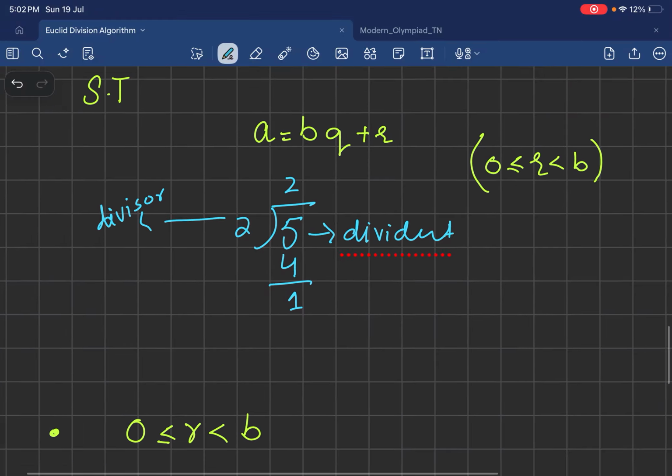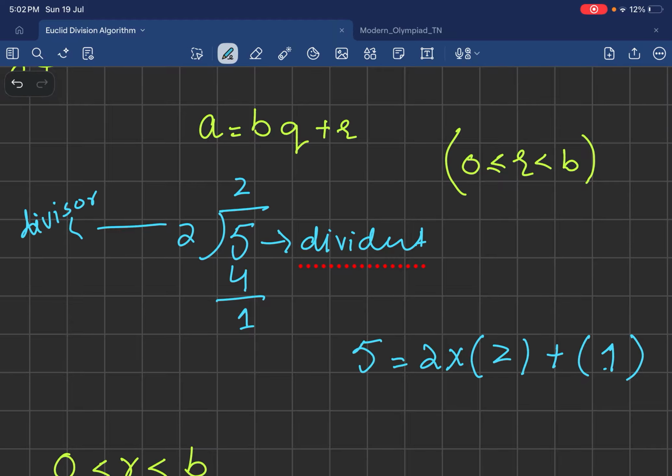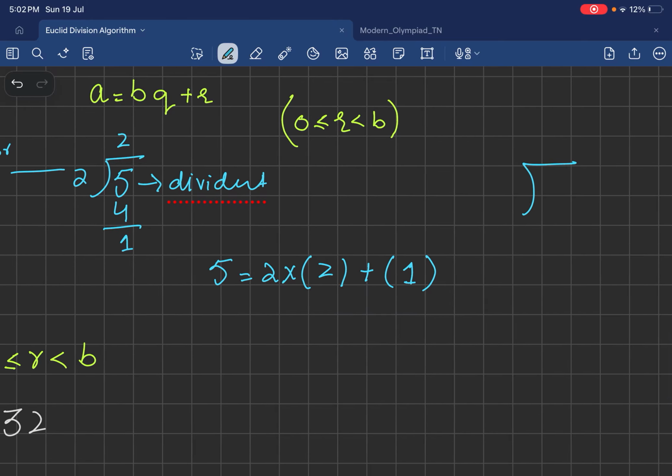Now it says that you could write this dividend 5 as 2 times some integer plus some remainder, and here the integer is 2 and the remainder is 1.